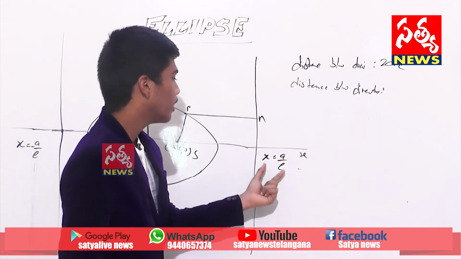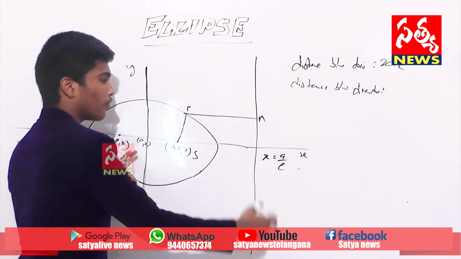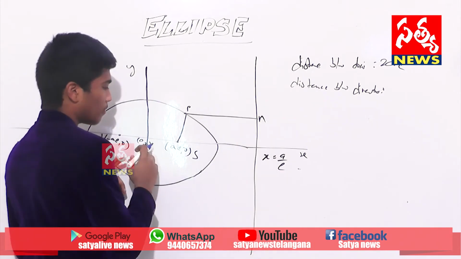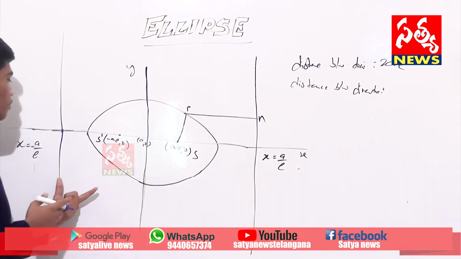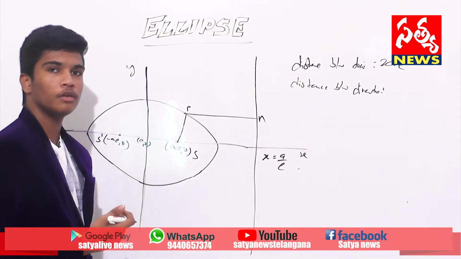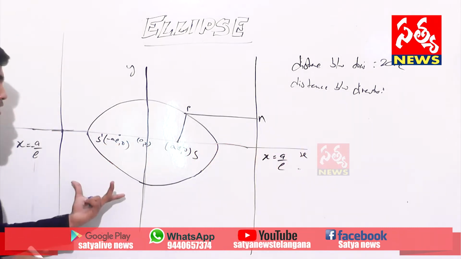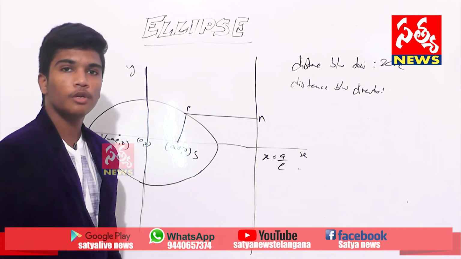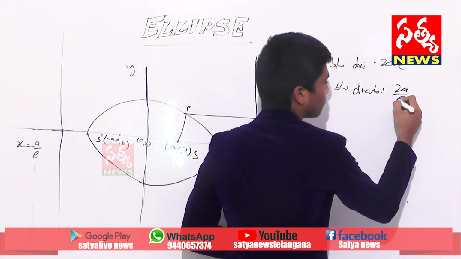The equation x equals a by e means the distance of the line from the origin is a by e, and this is minus a by e, where minus doesn't matter because we are calculating the distance, so we take modulus. This is a by e and this is a by e. So the total distance between the directrix is 2a by e.